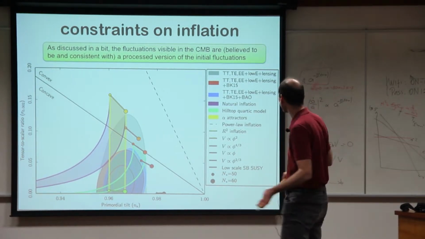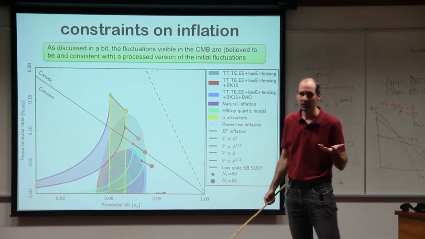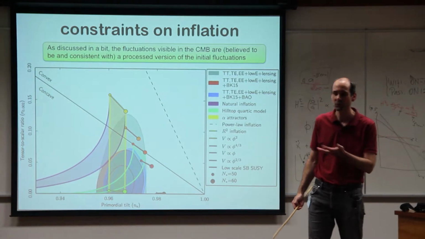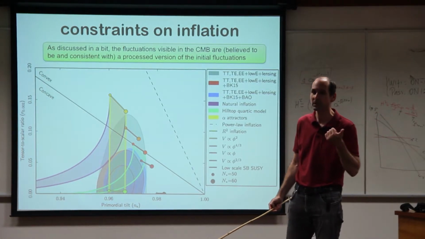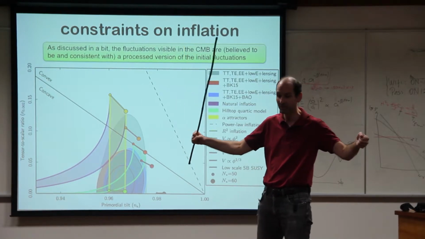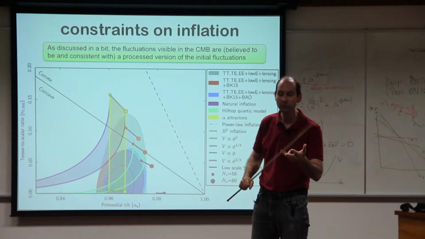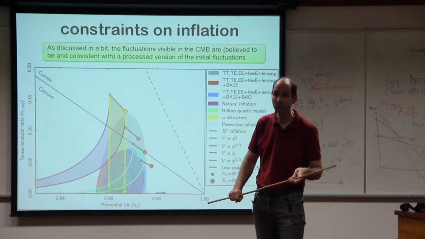And I should say there are other scenarios, but what any scenario has to do is solve the flatness problem and the horizon problem, so that you need to somehow have correlations on large scales, and they also need to create the perturbations we observe.